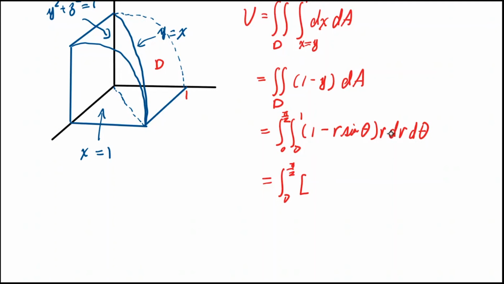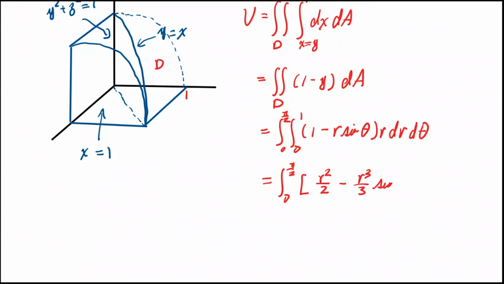r. Oh, can we distribute and integrate at the same time? So this is already r here, so we have r squared over 2. And then minus, that's also r squared over 2. Hey? Wait, that's r squared, so this is r cubed over 3.